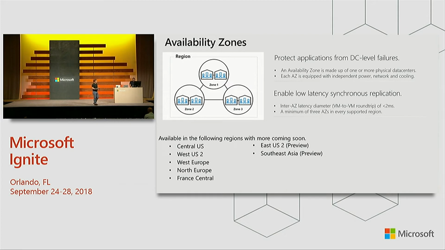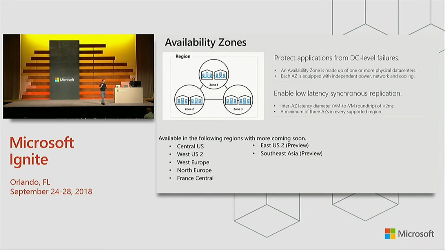The promise that we have is basically to have a VM-to-VM round trip of 2 milliseconds within a region, in an inter-zone deployment. If your application cannot sustain a 2 millisecond round trip, then you probably cannot deploy it across 2 zones. You need to think of something else.